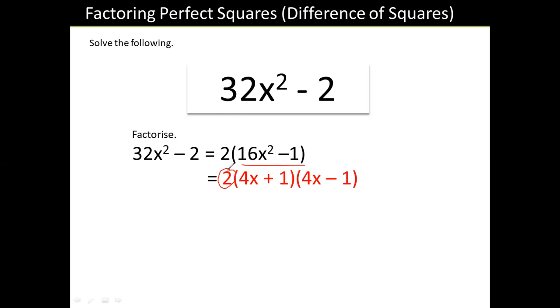And then you can have the perfect square. 16x squared, so 4x. Negative 1, so 1 is of course 1. That is why we get 4x plus 1, 4x minus 1. Do not forget your 2, which is the common factor of 32 and 2.